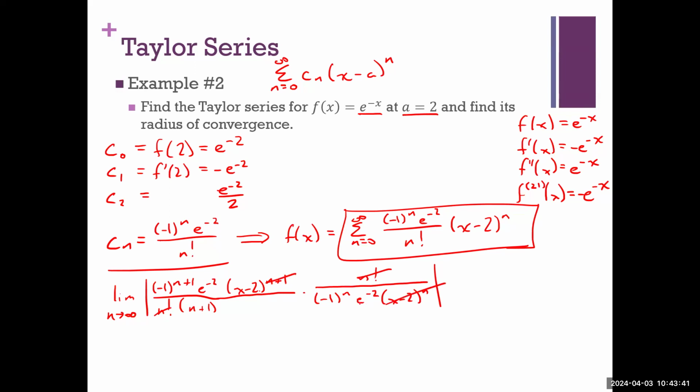Right. E to the -2 is a constant. And I think the absolute value really takes the alternation out of this. So a lot of this goes away.